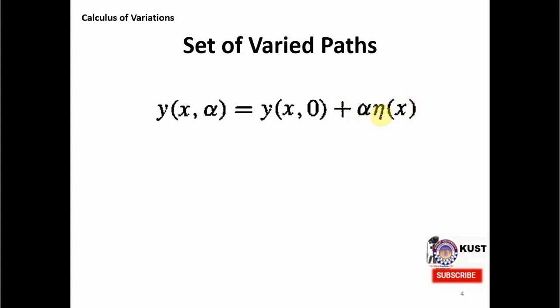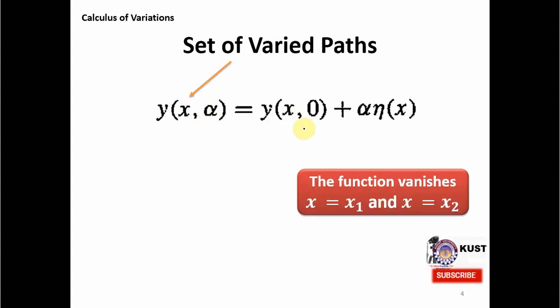So these will be the functions of variations, and you see that this is the set of varied paths. So this is not the only one path. Depending on the value of alpha, we will have an infinite number of paths, but when alpha is 0, that is, the variation is 0, then we will get the correct path. So this function must vanish at x equal to x1 and x equal to x2.